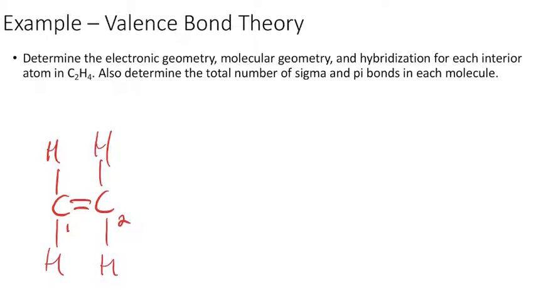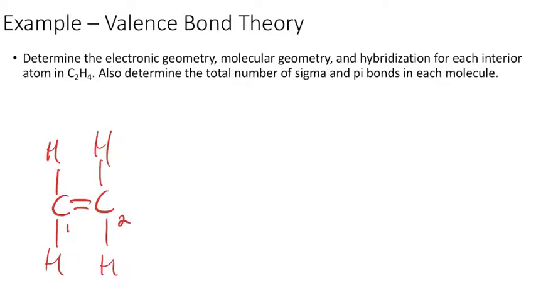If you look at each carbon, regardless of which one you look at, you notice both carbons have 3 electron groups around them, which means they have a trigonal planar electronic geometry. And since all of those electron groups are bonding, they also have a trigonal planar molecular geometry.